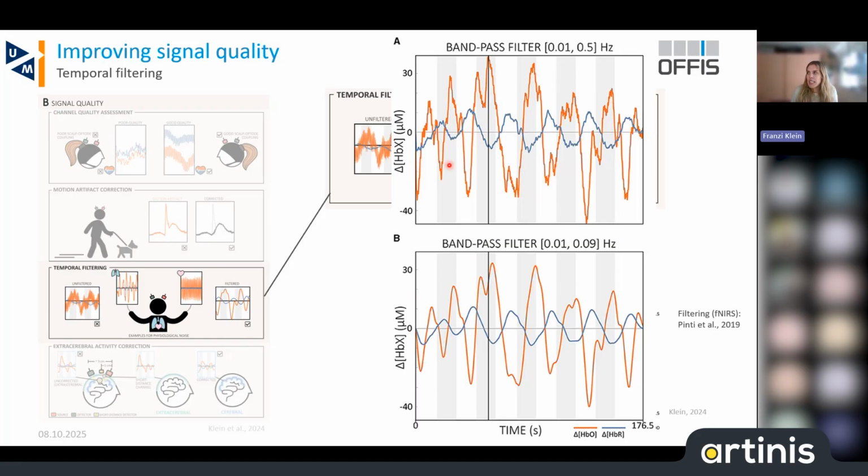If you take a look at this one, here we see an example filtered with different cutoff frequencies, always starting with 0.01, but here with a 0.5 cutoff, and here with a 0.09. And you can see here it's a Butterworth filter, and here the black line marks the same time point.